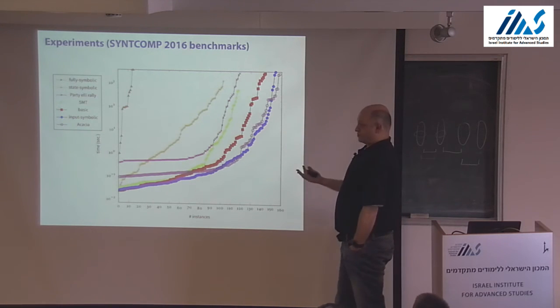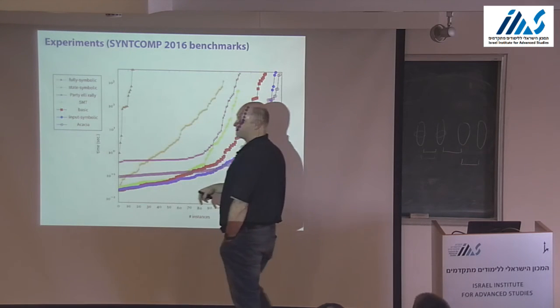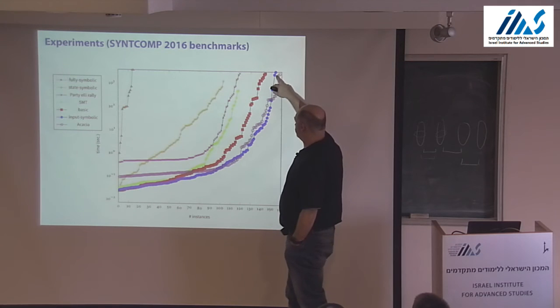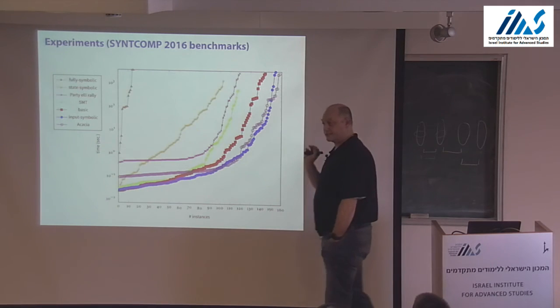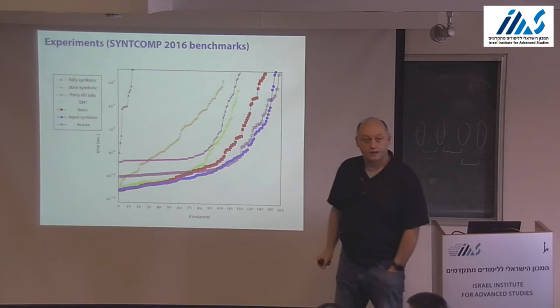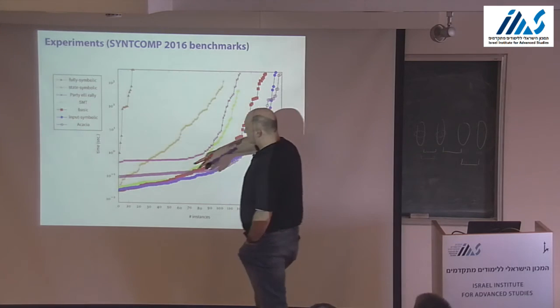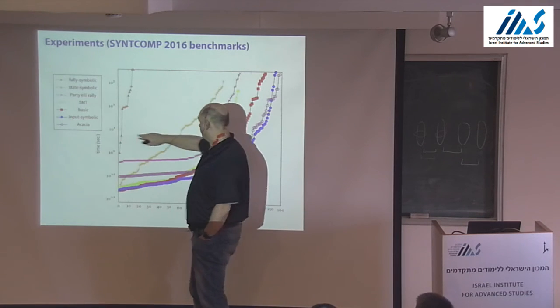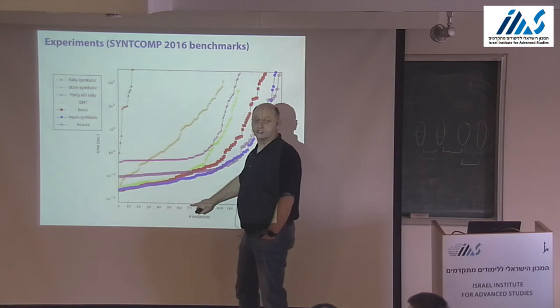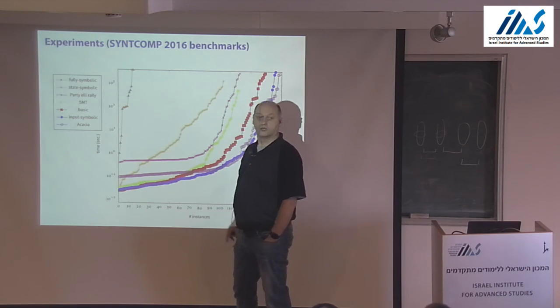And the DQBF solver could just convert the DQBF problem into a QBF problem, and then it should perform like this, but it doesn't. You set a time bound, and then you go here, and you see how many instances are solved up to that time bound.